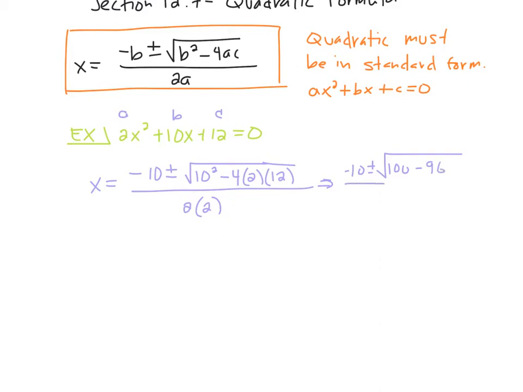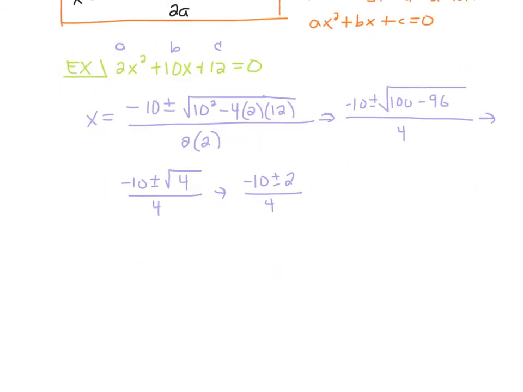And that all is divided by 2 times 2, which is 4. All right, so my next step, negative 10 plus or minus the square root of 100 minus 96, which is 4, divided by 4. Negative 10 plus or minus square root of 4 is 2, all divided by 4.